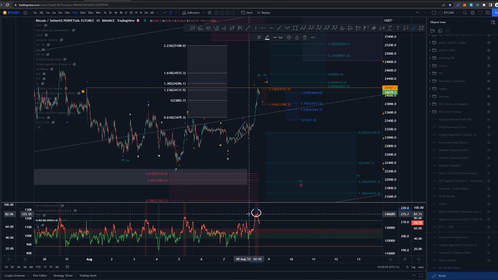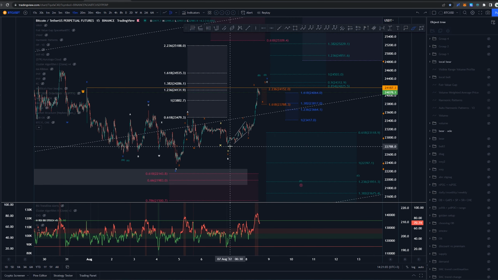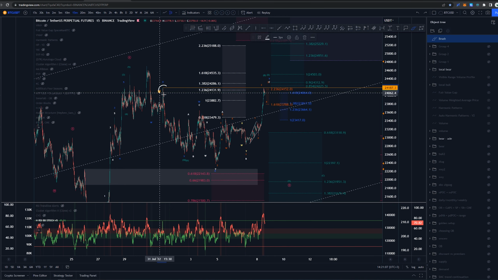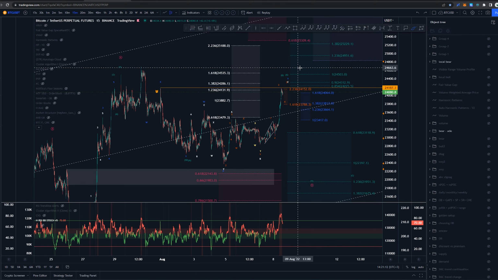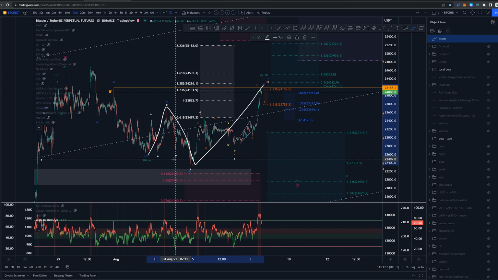We are getting very high RSI numbers here, so I would be very surprised if this is not a 1, 2, 3, 4, and 5, taking out these previous highs here, taking the liquidity here. Now, how long do we expect this to go? Well, we already have this as a W, X, and Y, and that does not have the right look anymore.